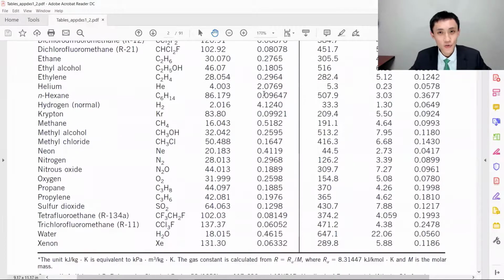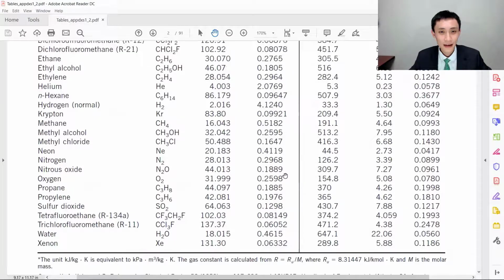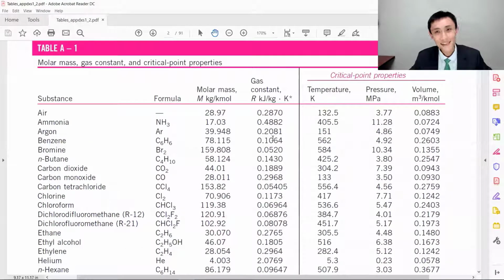If you scroll down, for H2O the gas constant is 0.4615, and for R134A, the number is 0.08149. The units of gas constant are kilojoule per kilogram per K, and we are going to use those units a lot in the future.